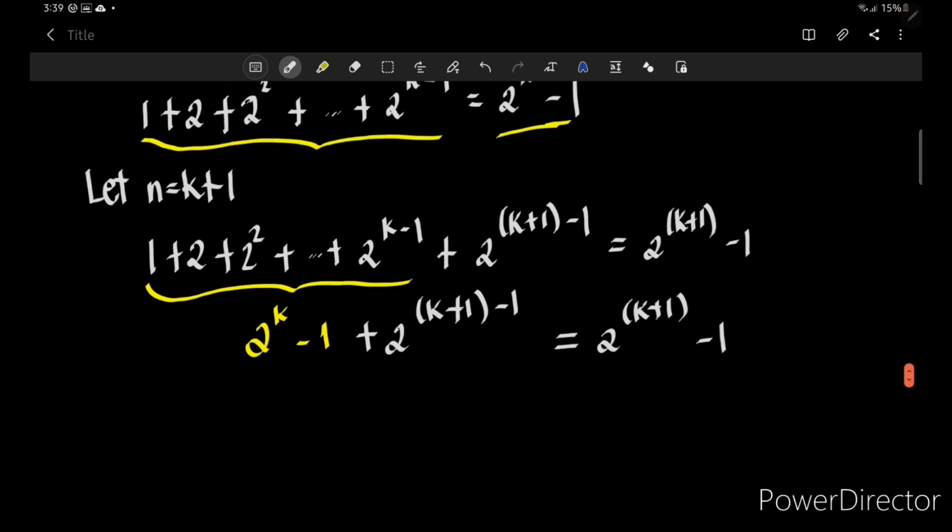Okay. Now, let us simplify. 2 raised to k minus 1 plus itong 2 raised to quantity k plus 1 minus 1. So, cancel yung 1 natin dito. Magiging 2 raised to k. Okay. And that is equal to 2 raised to k plus 1 minus 1.